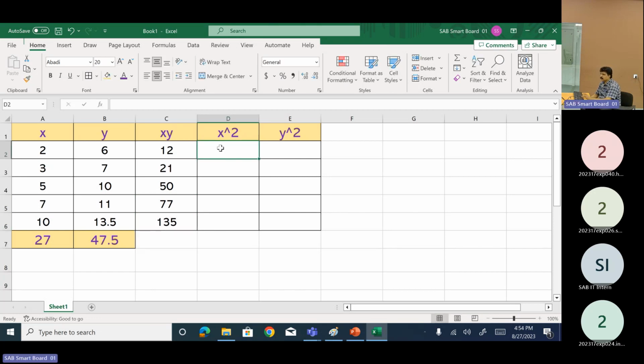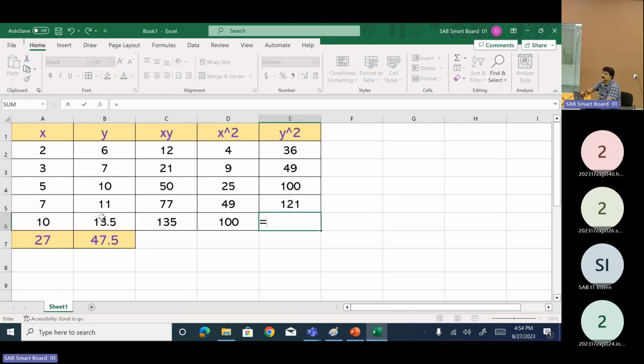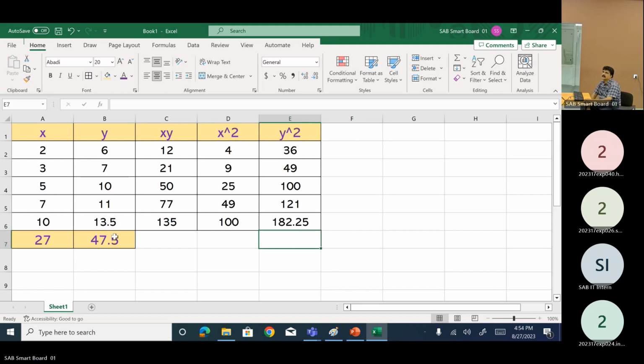X squared: 2 squared, 4, 3 squared, 9, 5 squared, 25, 7 squared, 49, 10 squared, 100. Here, 6 squared, 36, 7 squared, 49, 10 squared, 100, 11 squared, 121. And only we need the calculator for this 13.5 squared. So then we need all these totals.